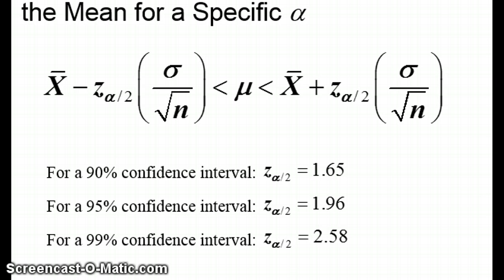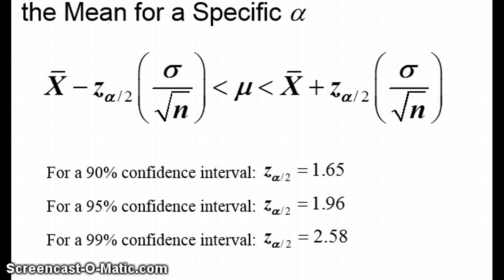And so 1.65, in our book, we use 1.645, so we go to one more decimal place, and because of symmetry, this critical value is plus and minus 1.65.